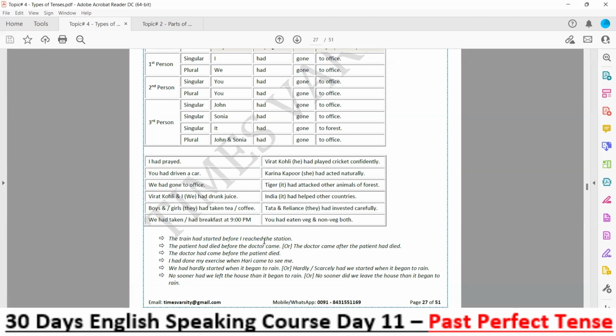Similarly, reach is the first form, reached is the second and third form, reaching is the fourth form, the ing form. All right, and I reached the station is the past indefinite, and the first part is past perfect tense. Right. Next sentence.